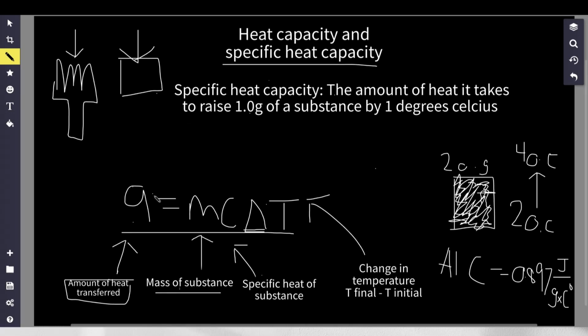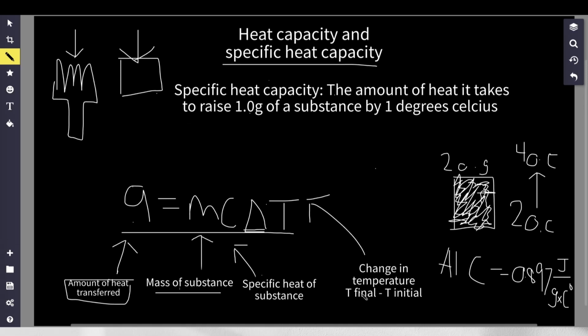This formula is Q equals mc delta T. Q is the amount of heat transferred, m is the mass of the substance, c is the specific heat of the substance, and delta T is your change in temperature. So it's going to be your final temperature minus your initial temperature.